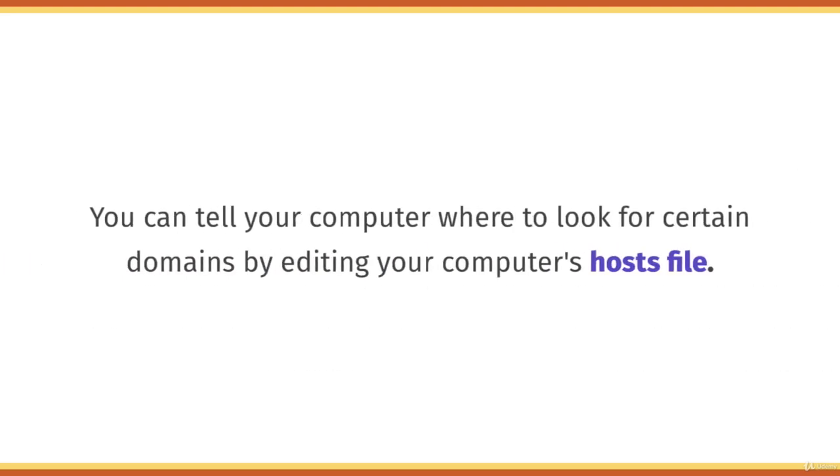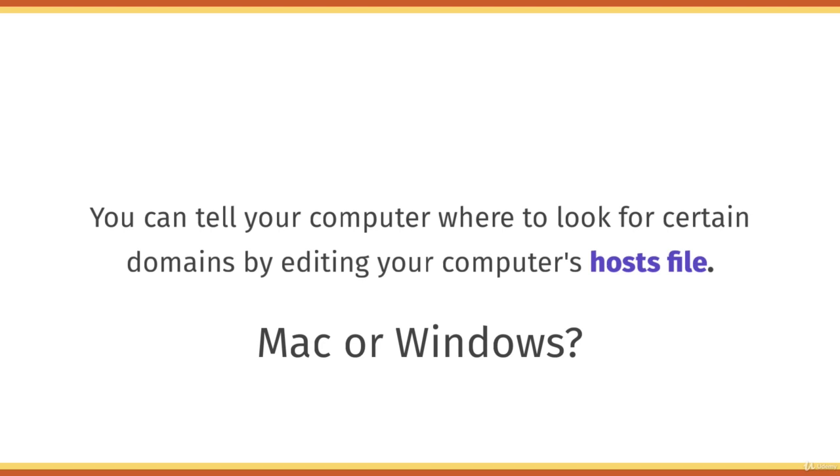Okay, now you can tell your computer where to look for certain domain names by editing something on your computer called the hosts file. A computer's hosts file is located in different places depending on whether you're running Mac or Windows. I'll cover both bases, so first let me show you how to edit your hosts file on a Mac.